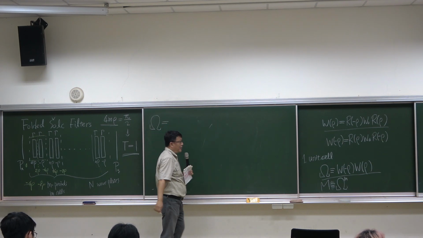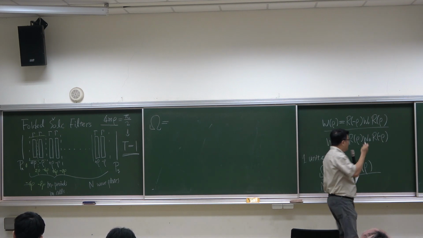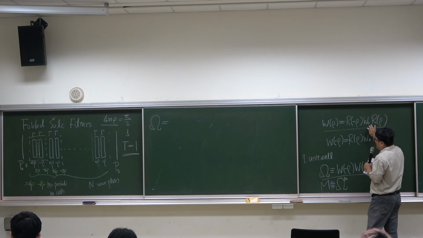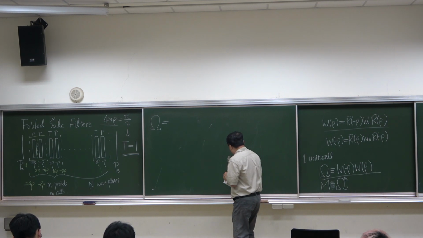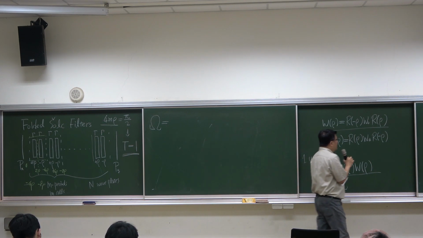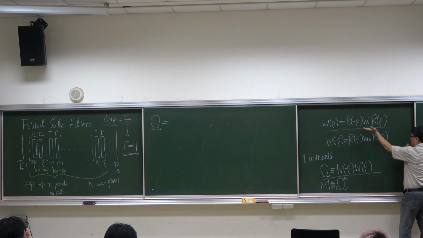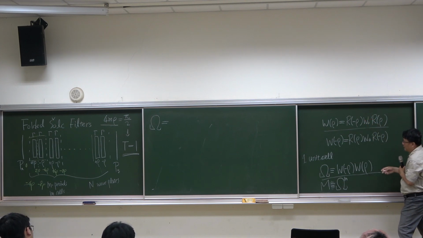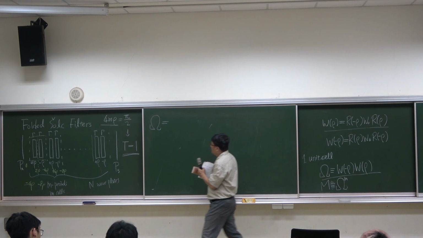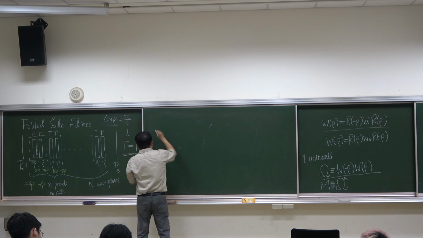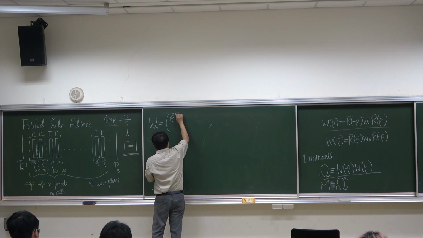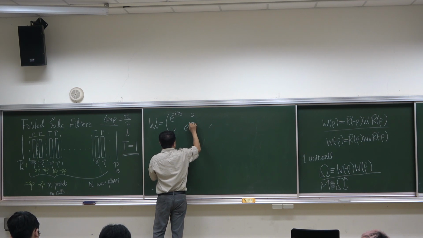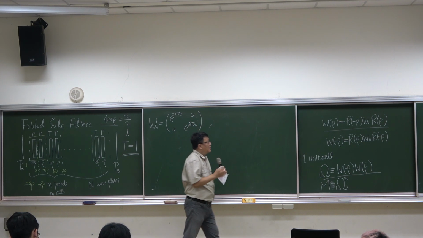You can calculate this result directly by using this definition. Okay, and we have already introduced how to calculate this W0. W0 is this matrix: exponential minus I gamma over 2, 0, 0, exponential I gamma over 2. Okay.